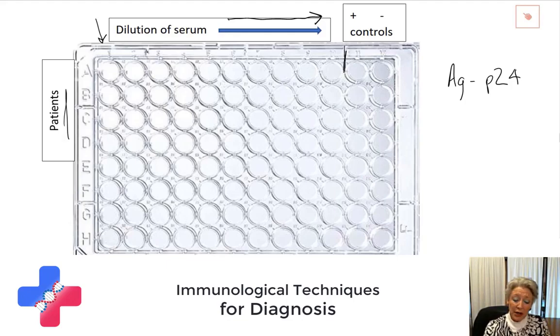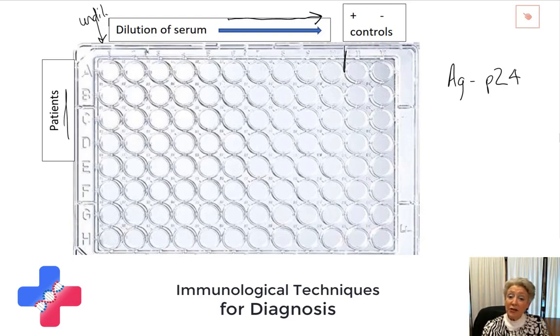But regardless, I think you can imagine that starting with the undiluted serum furthest to the left and then moving toward the right, I'm going to have less and less antibody of any kind as I move toward the right. So there should be a point at which I've diluted the serum so much that I no longer get a positive result.